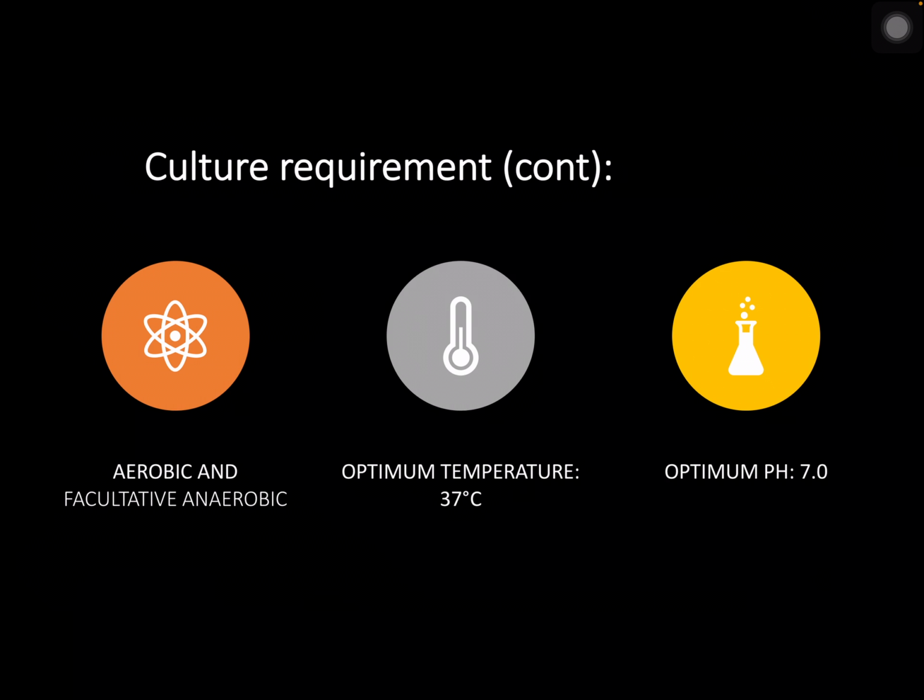The bacteria can grow in the range of around 5 to 40 degrees Celsius, but the optimum temperature for it to grow is 37 degrees Celsius, which is the human body temperature. The bacteria can live in an alkaline environment, but not an acidic environment, and it is best grown at pH 7, which is neutral.